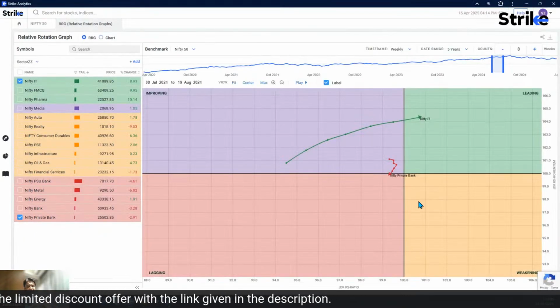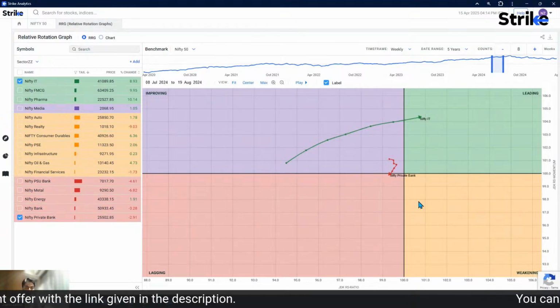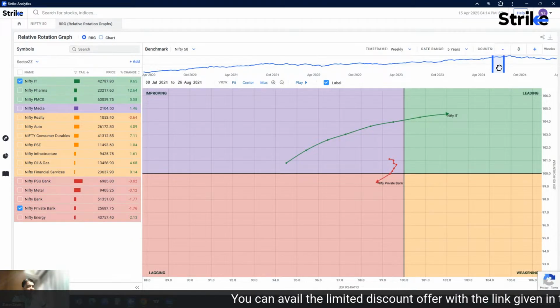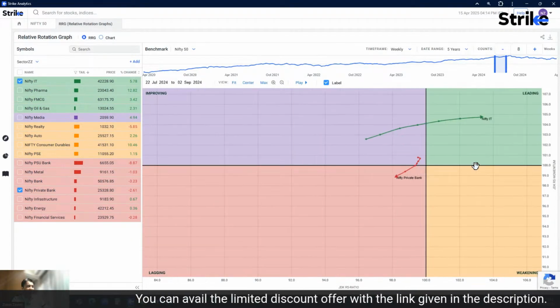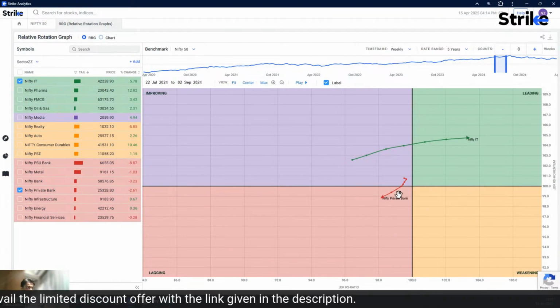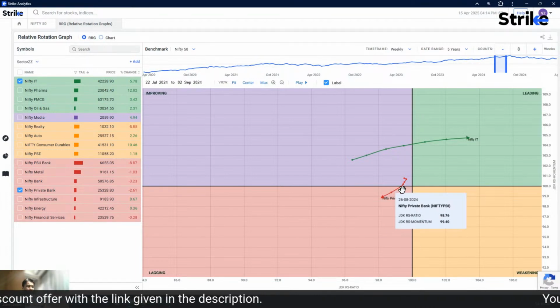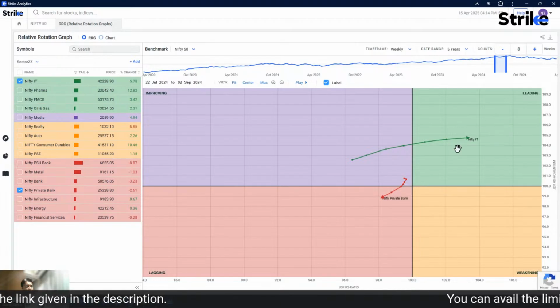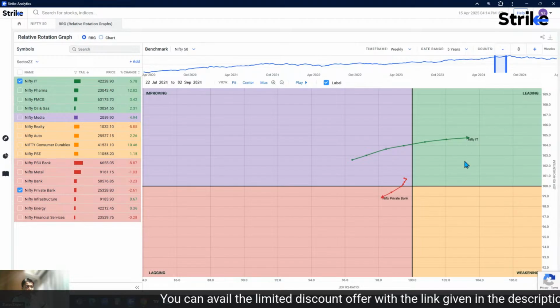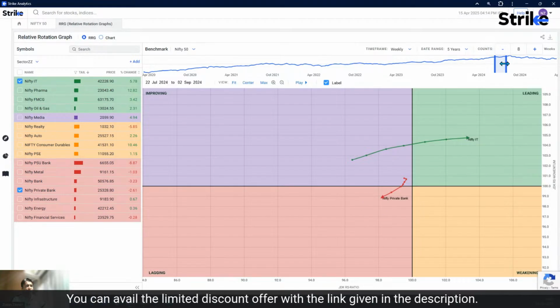So basically, RRG is used to compare one sector with another. Similarly, this was on the weekly time frame chart. When private bank is completely heading southwest, get out of it completely. You can remain in the IT counter, and depending on whether Nifty is going up or down at this time, you can take a call accordingly.